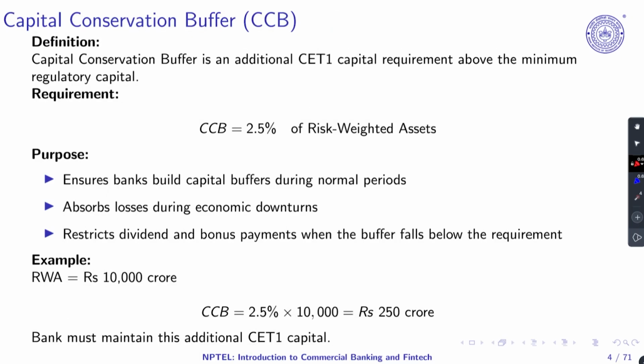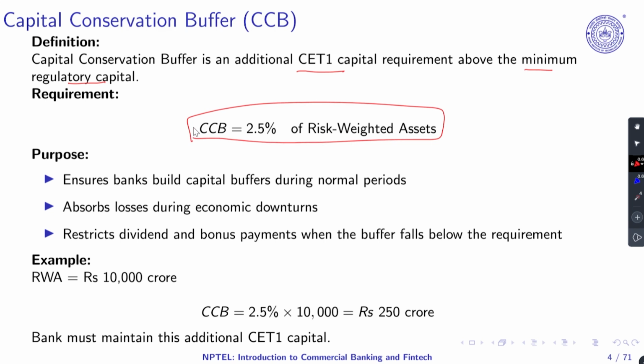So let's go by the capital conservation buffer. I think we touched upon this when we started discussing Basel III. The capital buffer is an additional common equity tier 1 capital requirement above the minimum regulatory capital, which means that the capital conservation buffer as of now is 2.5% of the total risk weighted assets, and this is where it becomes important.